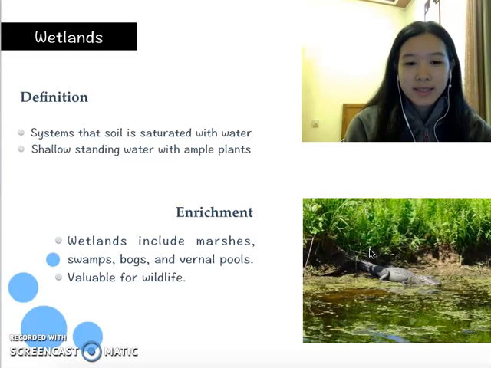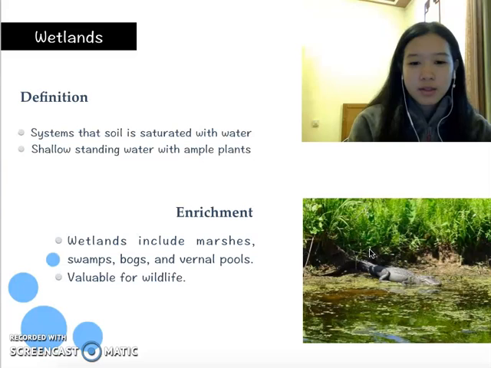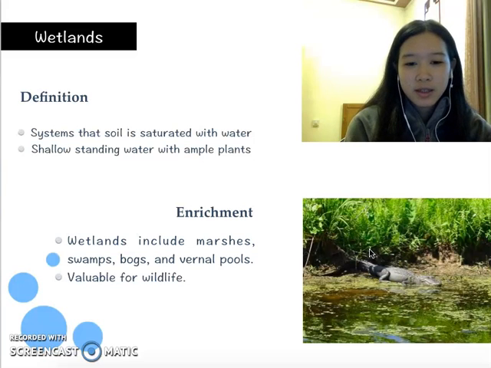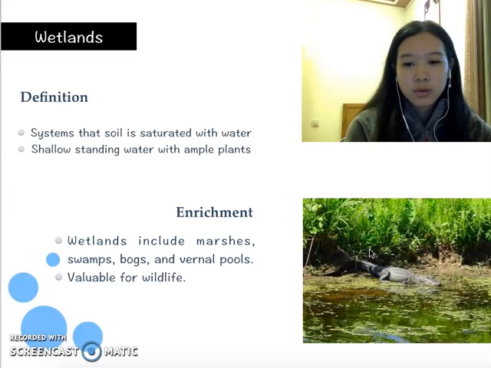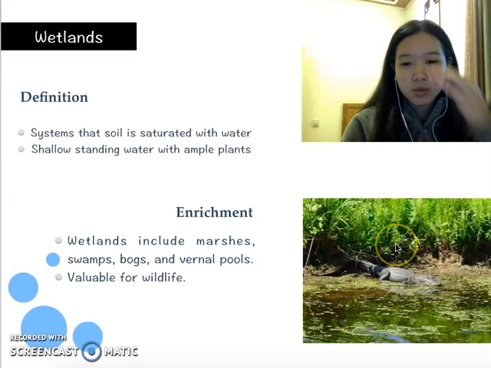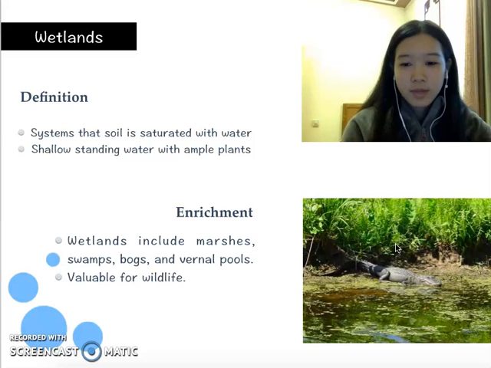Wetlands include many types, including marshes, swamps, bogs, and vernal pools. So this picture is a swamp. Wetlands are valuable for wildlife. In swamps, crocodiles are common.